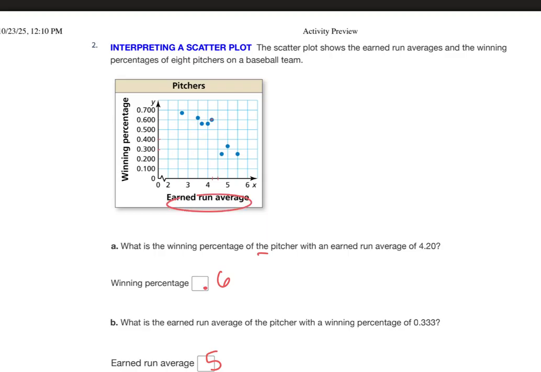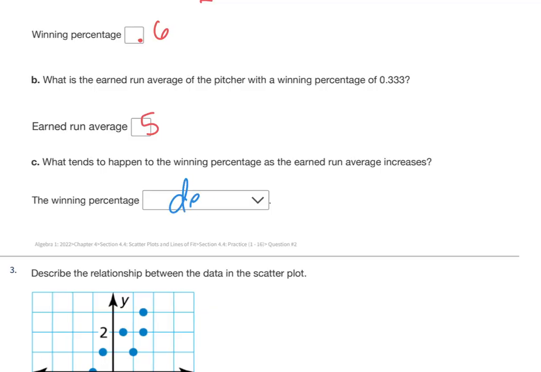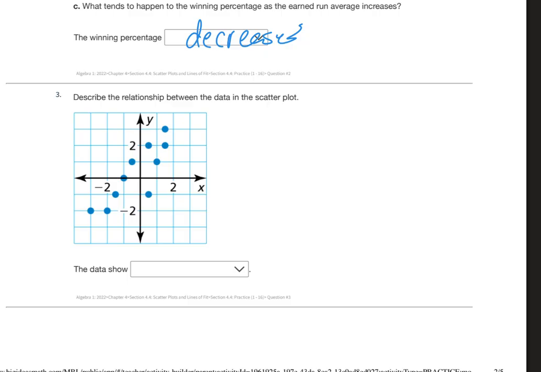So as this is going in this direction, it would appear that things are going downwards, right? So if you have a higher earned run average, you're not winning as much. So the winning percentage decreases.